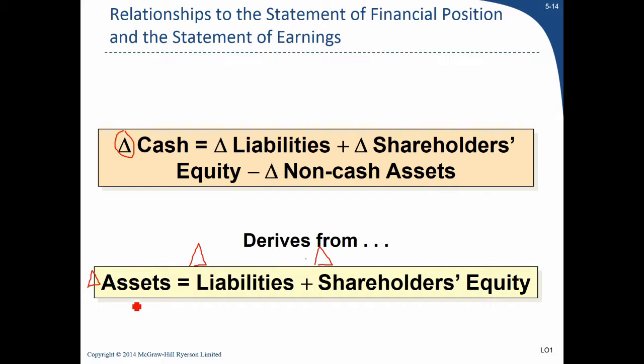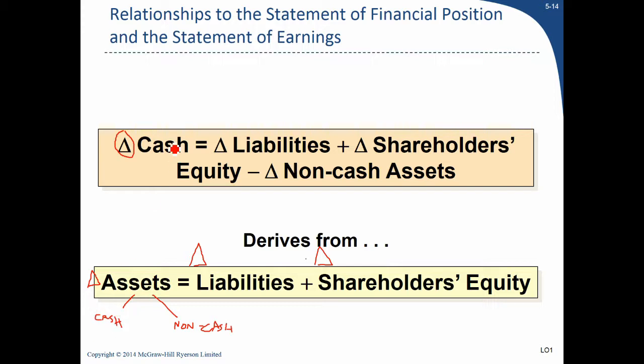Assets can be broadly divided into two categories. One is cash, and the other is everything but cash, non-cash. That includes accounts receivable, prepaid expenses, property, plant, and equipment. And then all we do is solve for cash.